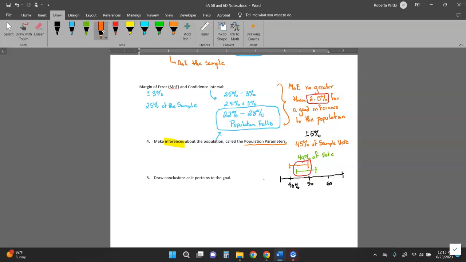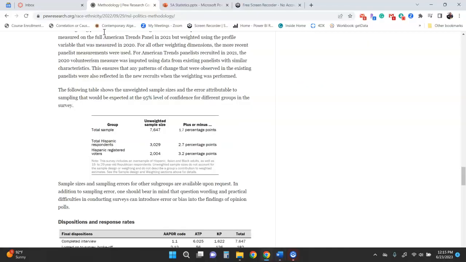Oh, one other thing I want to note. Remember we said that our sample was broken into Hispanics, a subgroup of the total sample. The total sample's margin of error is plus or minus 1.7%. Remember that, and that was the 7,647 people. For total Hispanics, remember there were only about 3,000 of them.